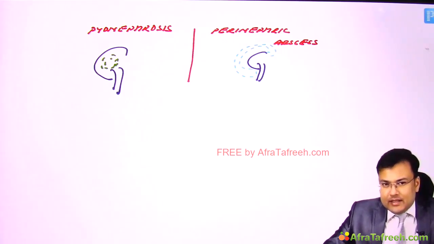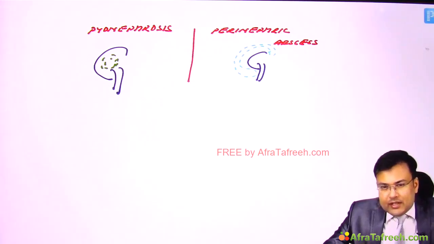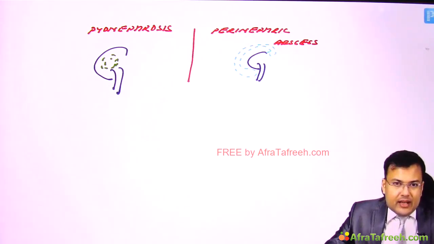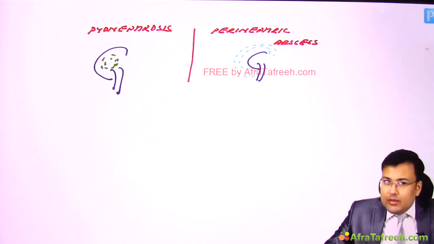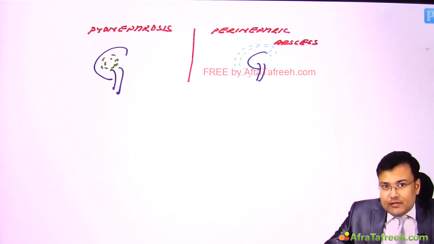Now basic differences. So what happens in pyonephrosis? Generally in these patients kidney is obstructed, chronically obstructed, and because of this chronic obstruction what happens? There is hydronephrosis, and because of this hydronephrosis when it's infected there is pus collection inside the kidney. What is the problem in pyonephrosis? So over a long period of time, there is destruction of renal parenchyma also.